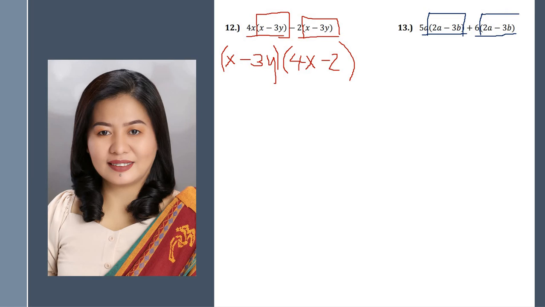So we write 2a minus 3b once, and multiply it with the remaining factors of each of the given terms. So we have 5a plus 6. The common factor of 5a times (2a minus 3b) plus 6 times (2a minus 3b) is (2a minus 3b) times (5a plus 6).